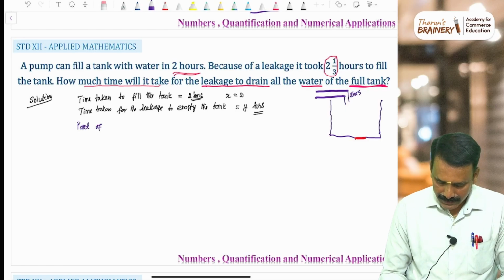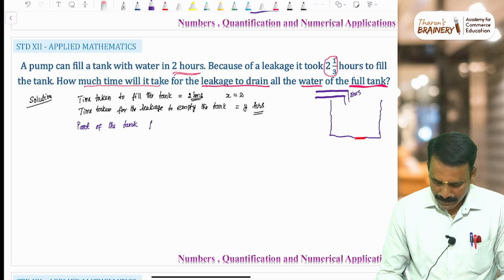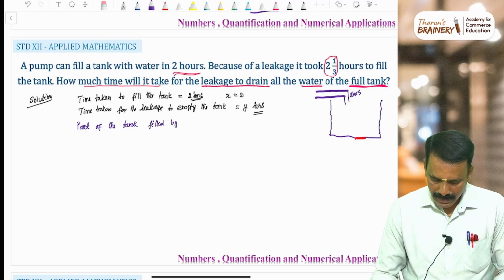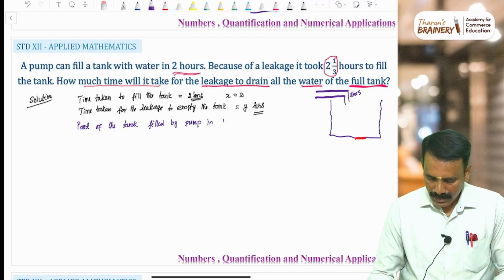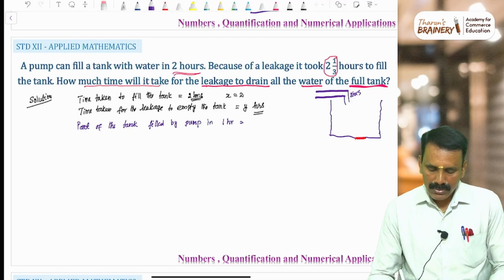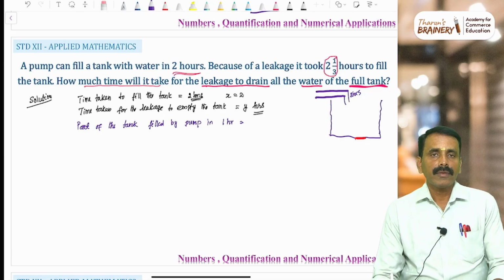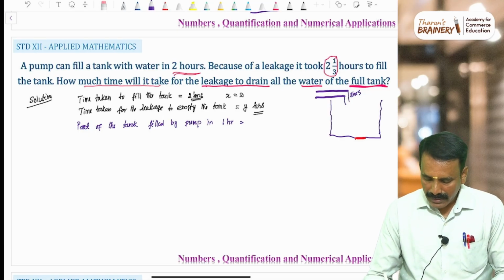Part of the tank filled by pump in 1 hour, because it takes 2 hours to fill the tank. So in 1 hour it will fill 1 by 2 part.